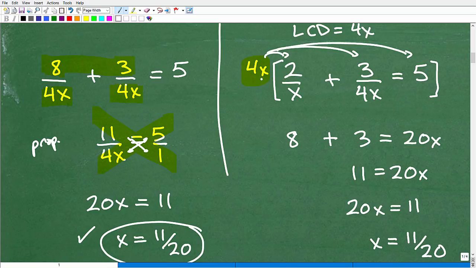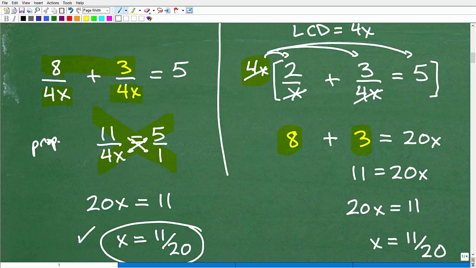So 4x times 2 over x. What happens is the x's cross cancel, so you're left with 4 times 2, so that's 8. Now we have to multiply this 4x times 3 over 4x. The 4x's cross cancel, so you're just left with 3.